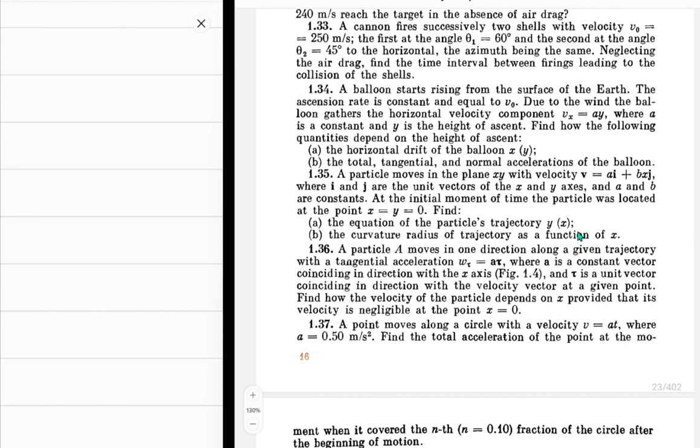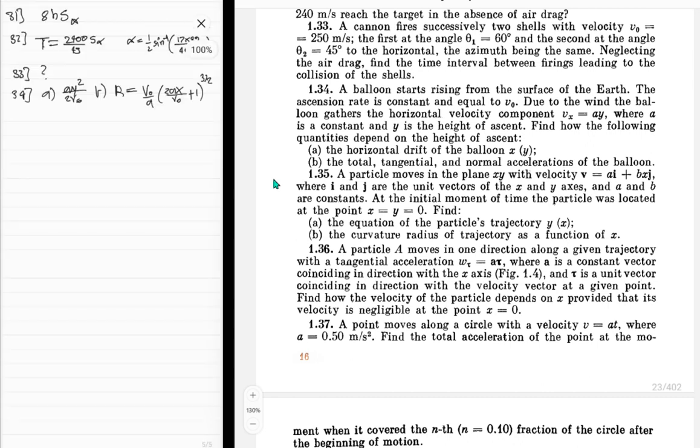This was 34th. Oh no, I mixed up something. They wanted the total tangential and normal acceleration of the balloon. They didn't want the curvature radius. That's from 35th, not 34. Okay, it's messed up.